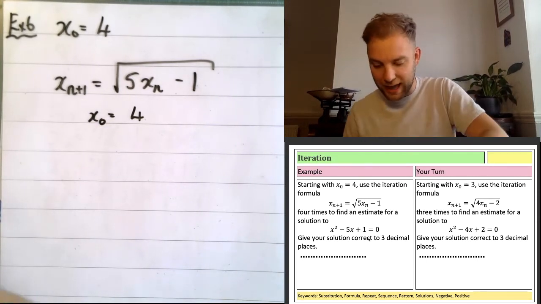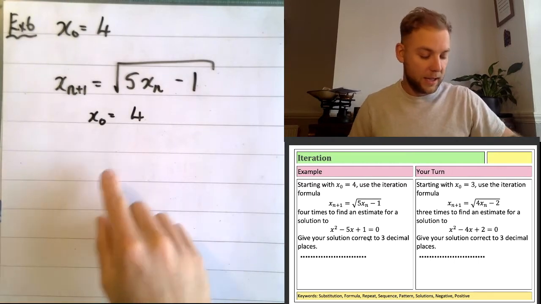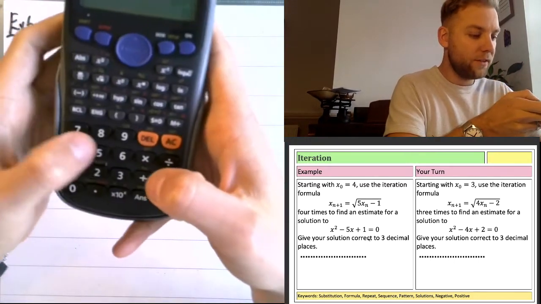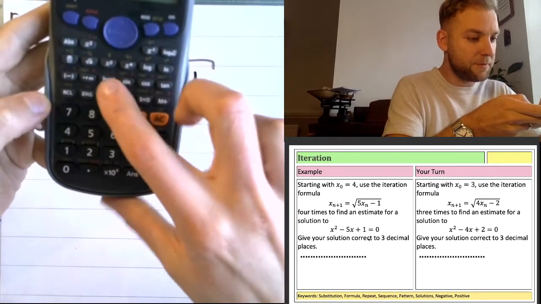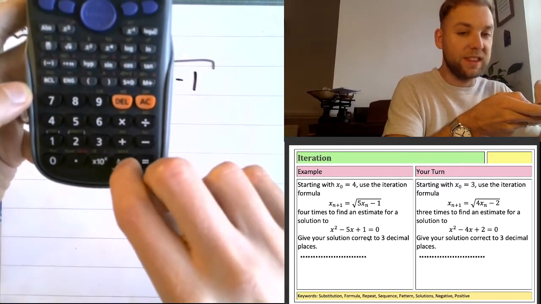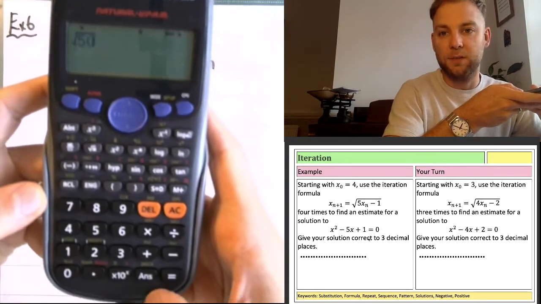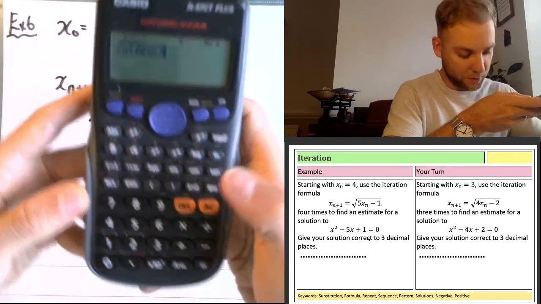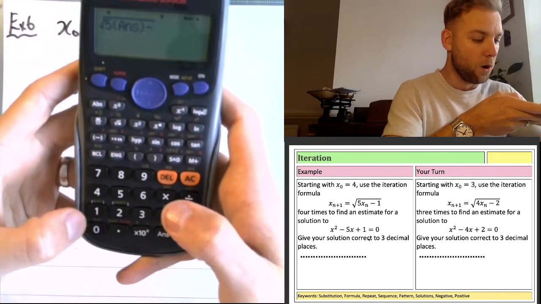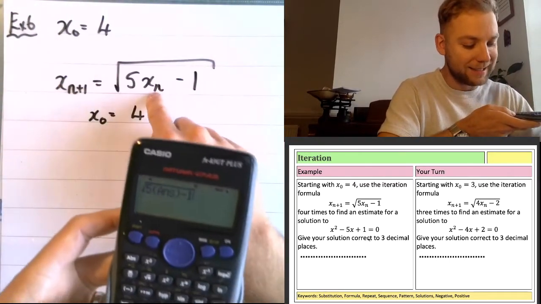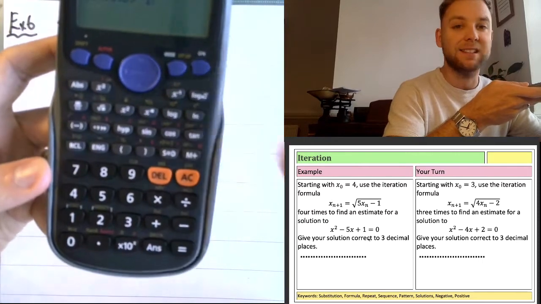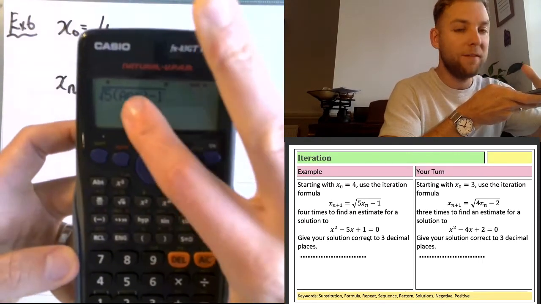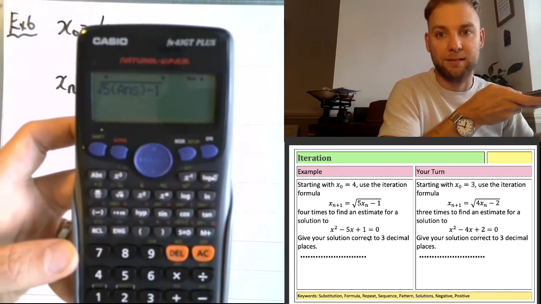If I want to work out x1, it's going to be the square root of 5 times my previous term, which in this case I'm going to say is the answer, close bracket, minus 1. Now notice I've replaced this x of n with the answer because that's what I want to do. I want to repeat this pattern with the new value that I've just found out.